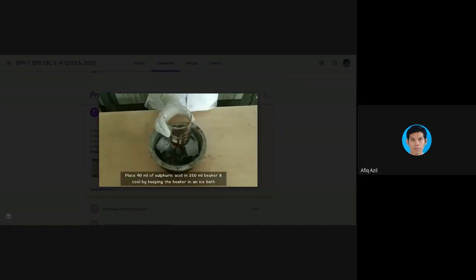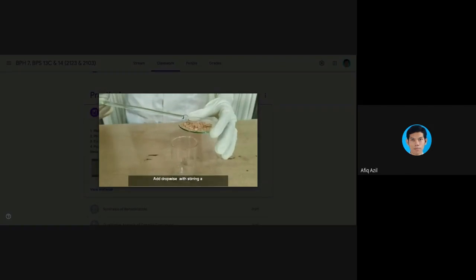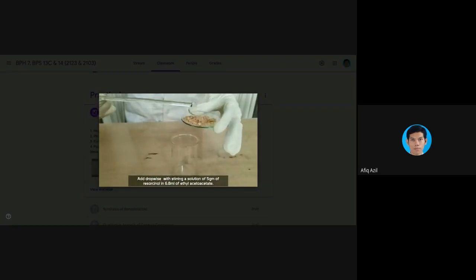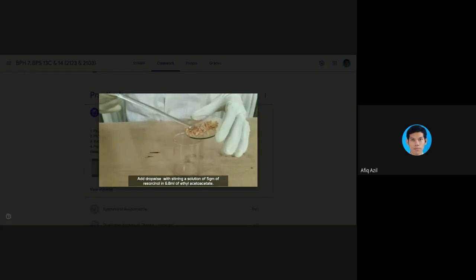Place 40 ml of concentrated sulfuric acid in a 250 ml beaker and cool by keeping the beaker in an ice bath. Make a solution of 5 gram of resveratrol in 6.8 ml ethyl acetate.